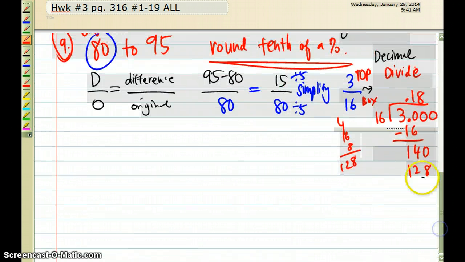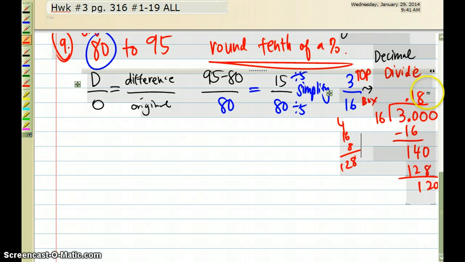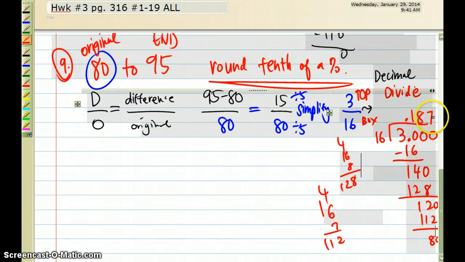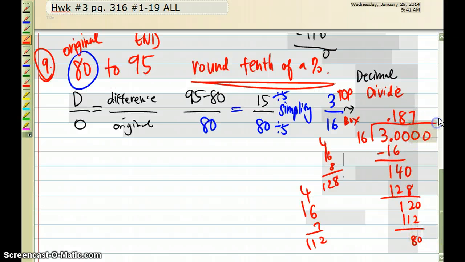Running out of space a little bit here. And a 7. How many place values do I need to keep going?